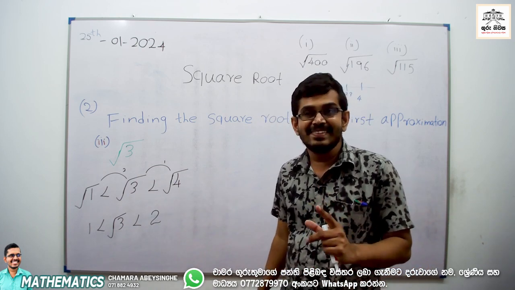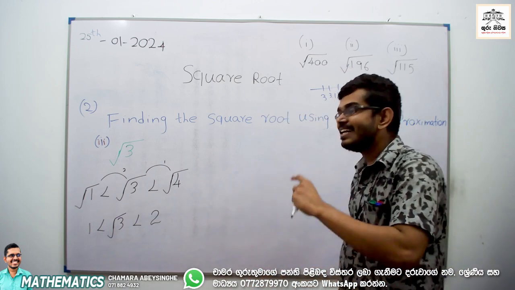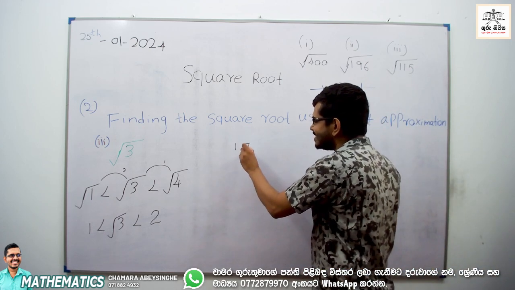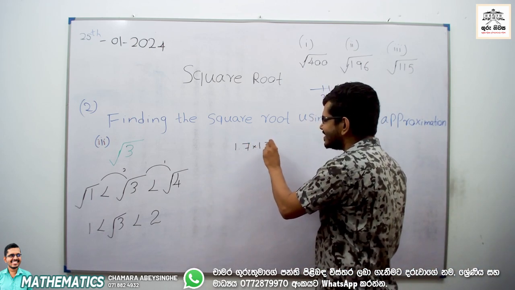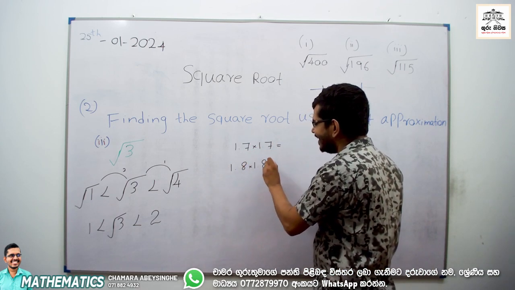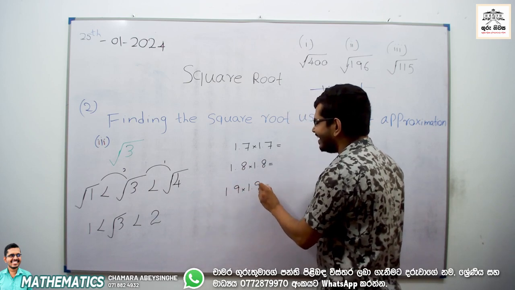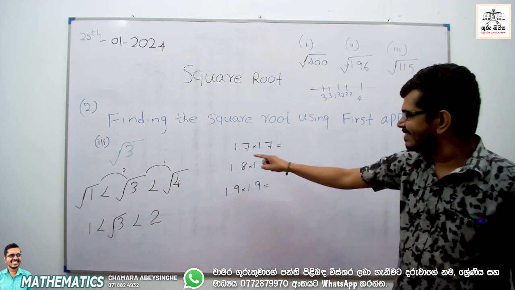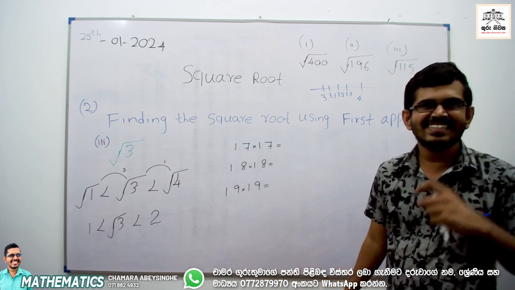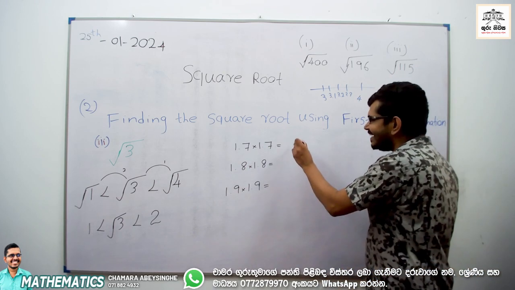It becomes near 2, not equal to 2. That means the nearest values are 1.7 multiply 1.7, 1.8 multiply 1.8, 1.9 multiply 1.9. That's the easy way. 17 multiply 17, you can see in your table from before, 289.